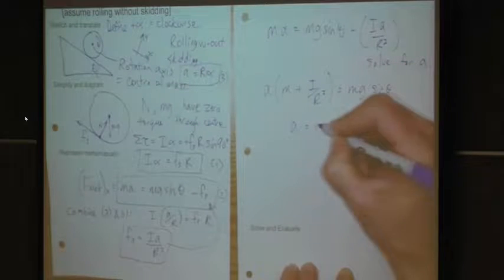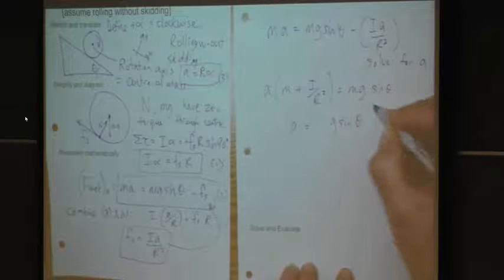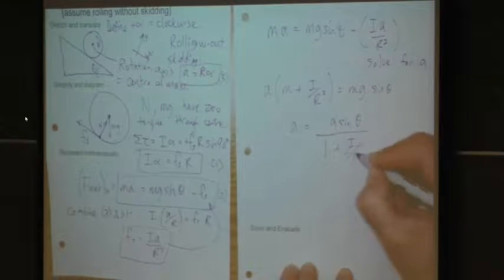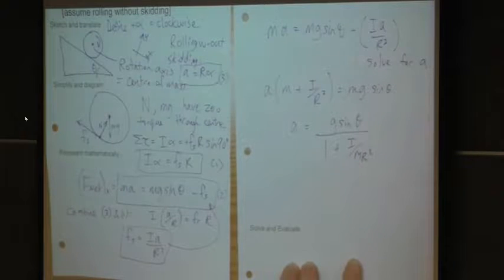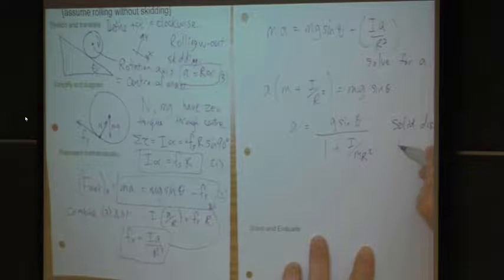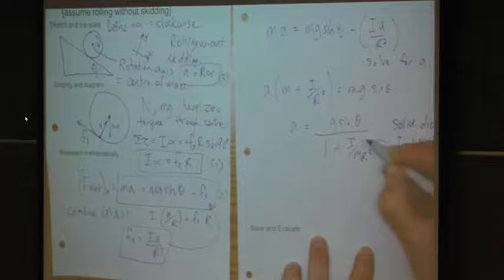And we get A is equal to g sine theta divided by 1 plus I divided by m R squared. And this is where we use the fact that it's a solid disk, which has I equal to 1/2 mr squared. You can sub that into there.